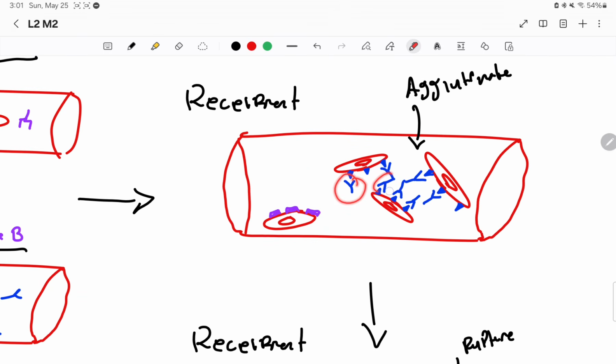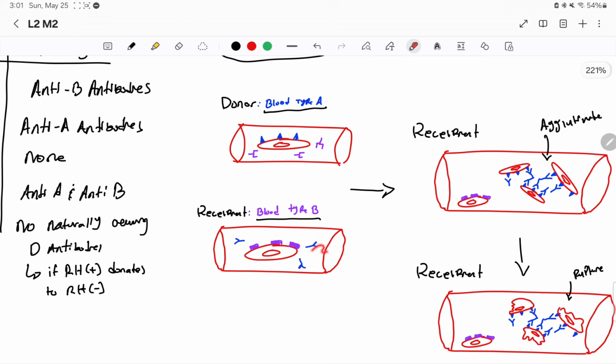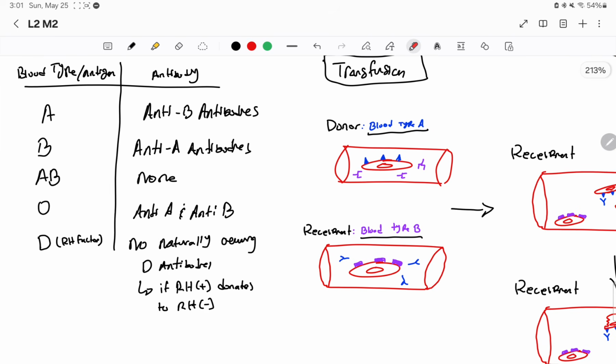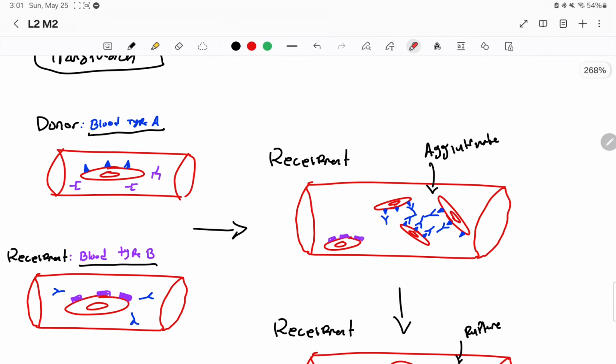Those antibodies that they had inside of their system that was specific for what? Blood type A, right? Because remember, this guy's blood type B, and blood type B has anti-A antibodies. Those dudes will immediately start to attack the donor's red blood cells.